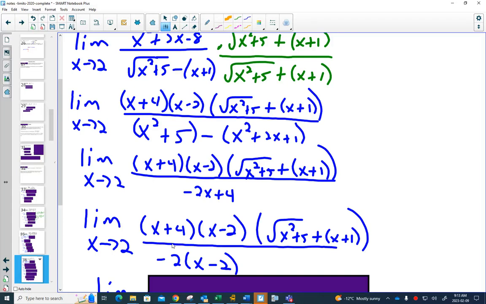And then we get to do what I believe is one of the most satisfying math exercises, which is just canceling out factors. It just feels so good. Cancel out that x - 2.